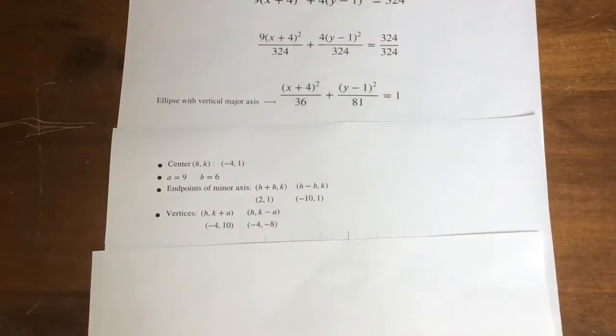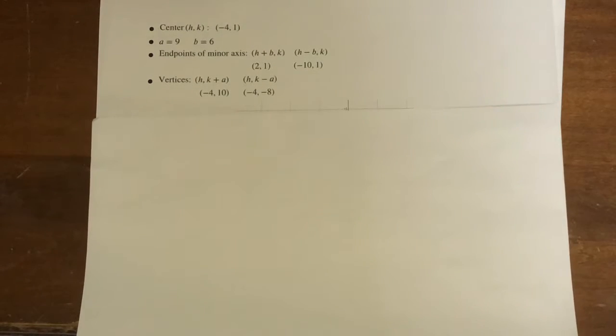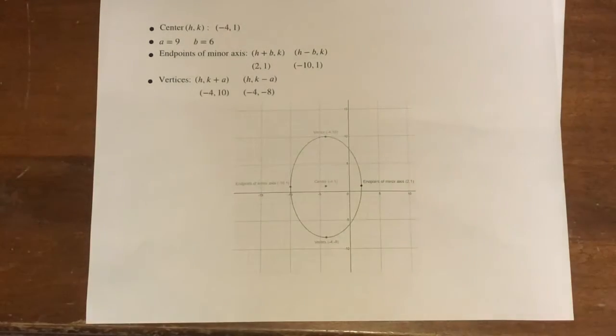In order to graph this equation, we do not need to find the foci, so these are all of the things necessary to graph this equation. Now that we have all the necessities to graph this equation onto the coordinate plane, we just plot the points of the center, the endpoints of the minor axis, and the vertices, and connect them together to make the ellipse. So here we are.